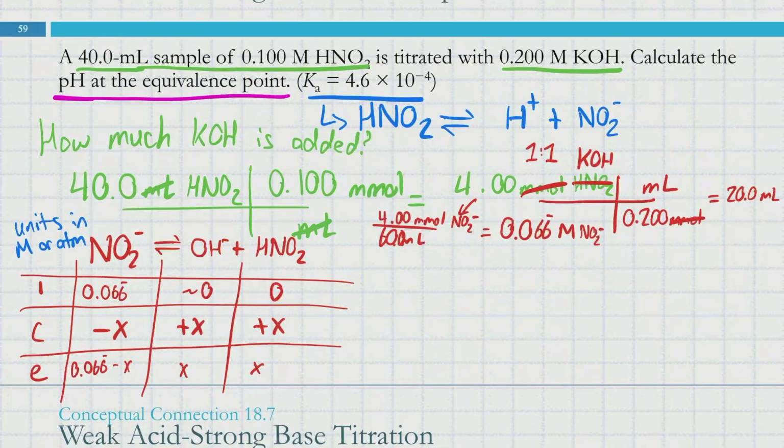An equilibrium expression. What do we call our equilibrium expression for this? K something. K sub what? We've had Kc, Kp, Kb, Ka, Kw. Previously, we've seen Keq.